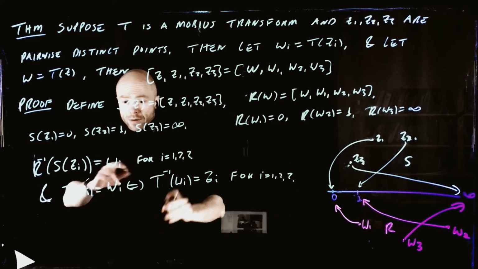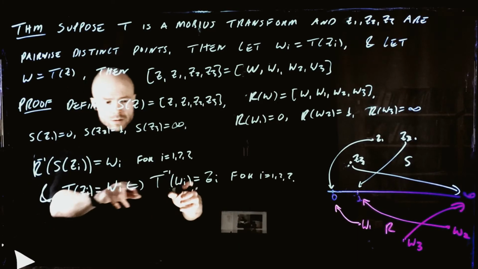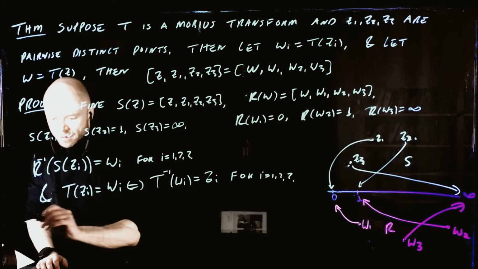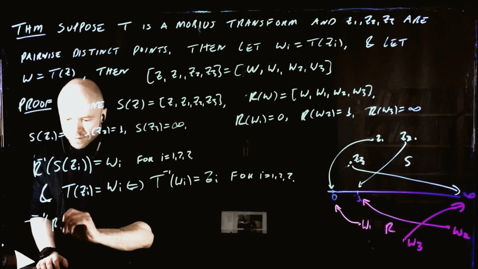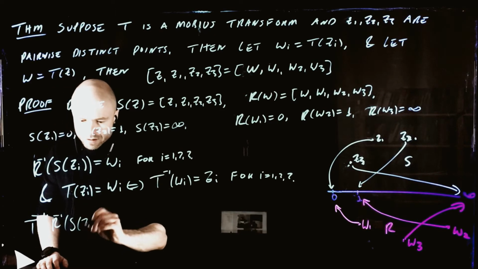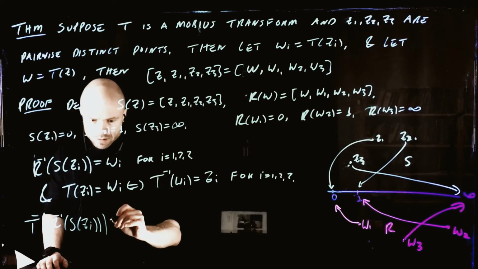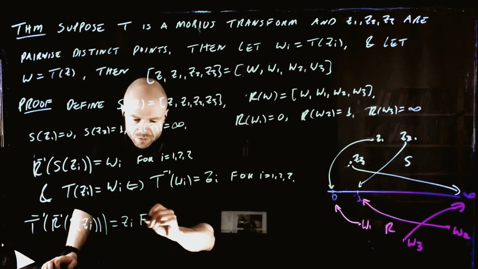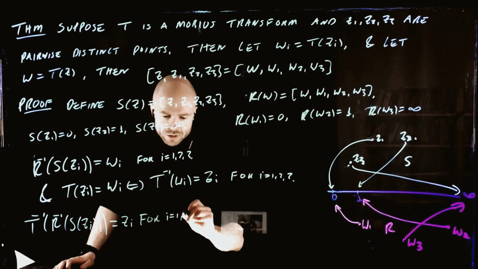So then we can compose T to the minus 1 with this thing. So T to the minus 1 of R to the minus 1 of S of Zi is therefore equal to Zi for i equals 1, 2, 3.